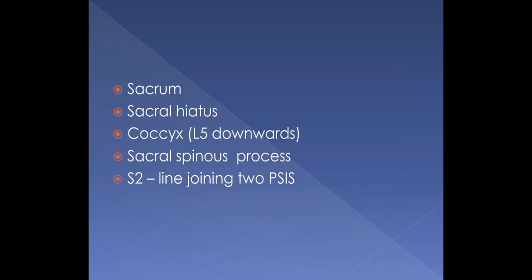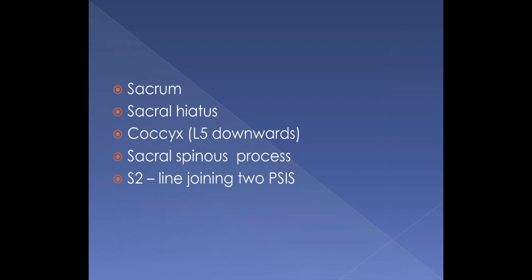Again, posteriorly, the sacrum, sacral hiatus and the coccyx can also be palpated. You have to palpate the sacral spinous processes from L5 downwards, and then at last we can palpate the coccyx. We can also palpate S2. S2 is the level of the line joining the two PSISs. The examiner returns to the spinous process of L5 and then moves caudally.